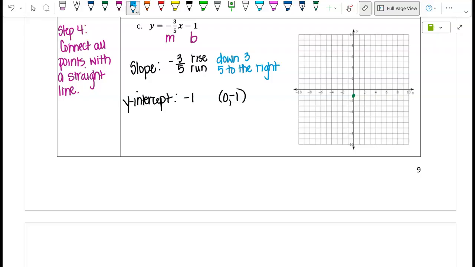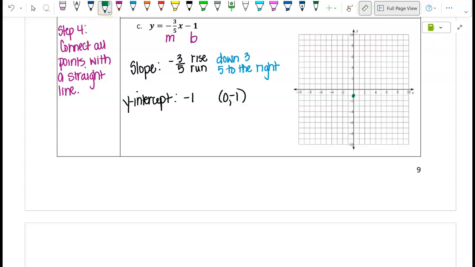The negative can only affect one of the numbers. You can't have the negative affect both, because then you have the situation where really it turns into a double negative. So when you have a negative out front, it can only affect one of the numbers. So we're going to go down 3, 5 to the right.